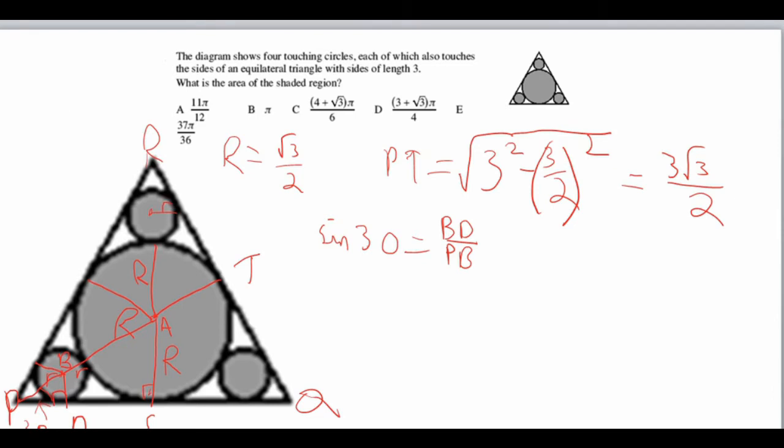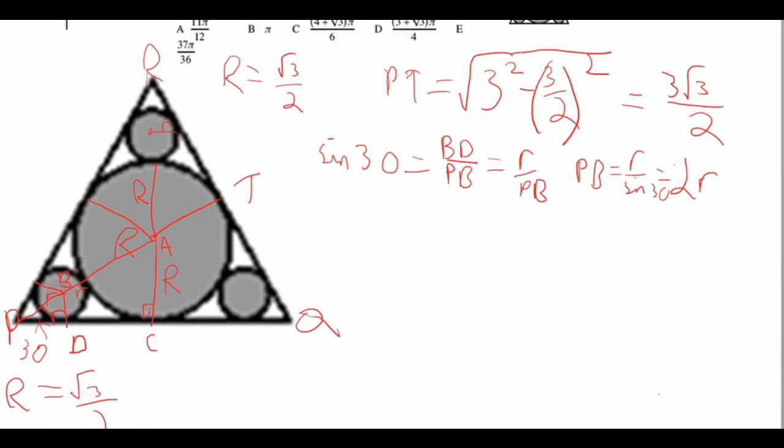So then that's equal to R over PB, and so PB is equal to R over sine 30, which is equal to 2R.